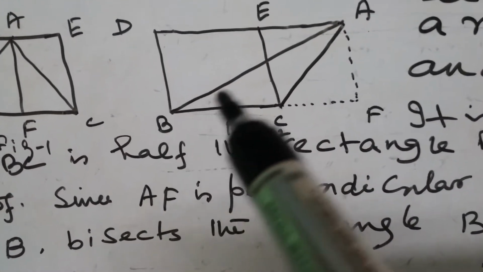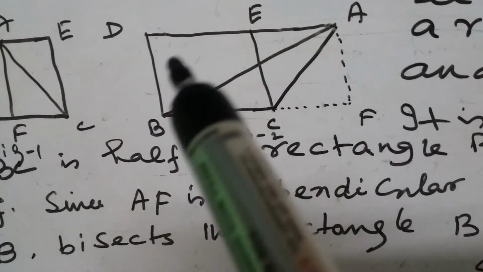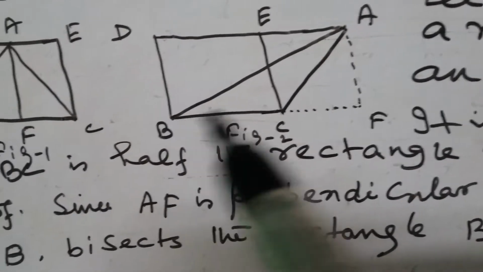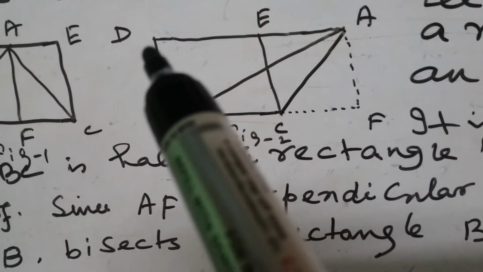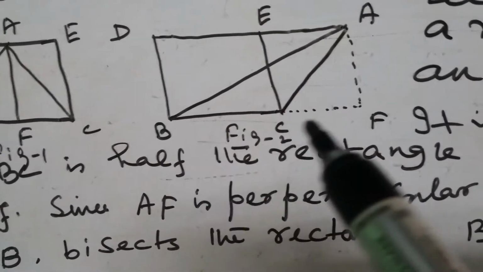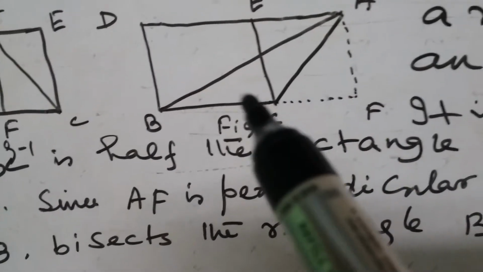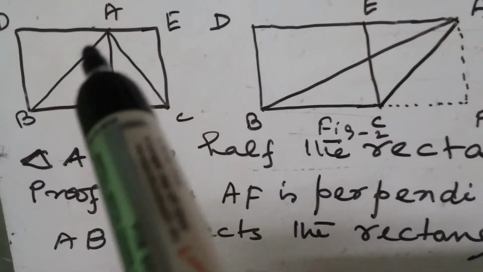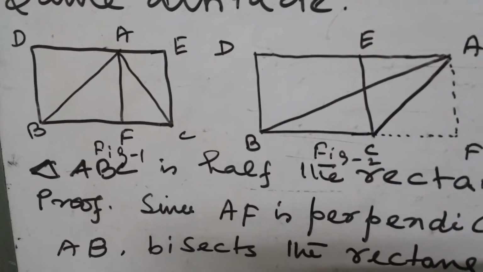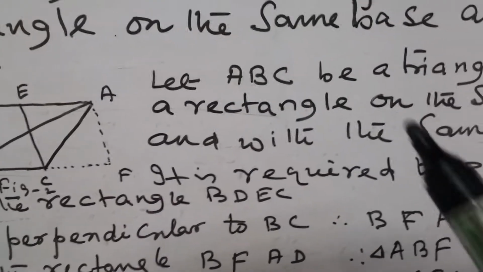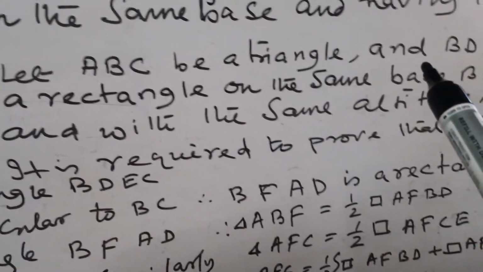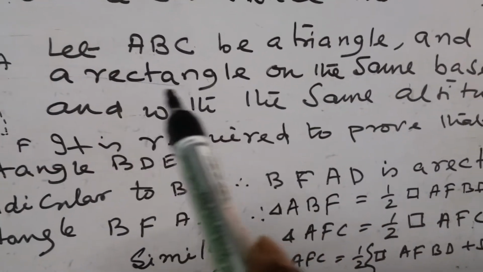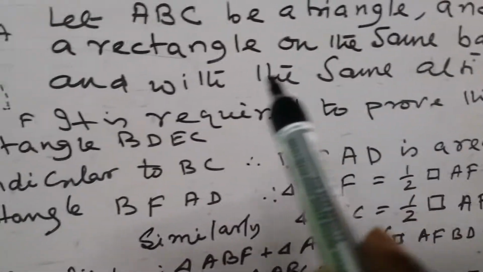If we deduct this triangle from this triangle, and total by total, we get the same. So the area of the triangle is equal to half of DBC.